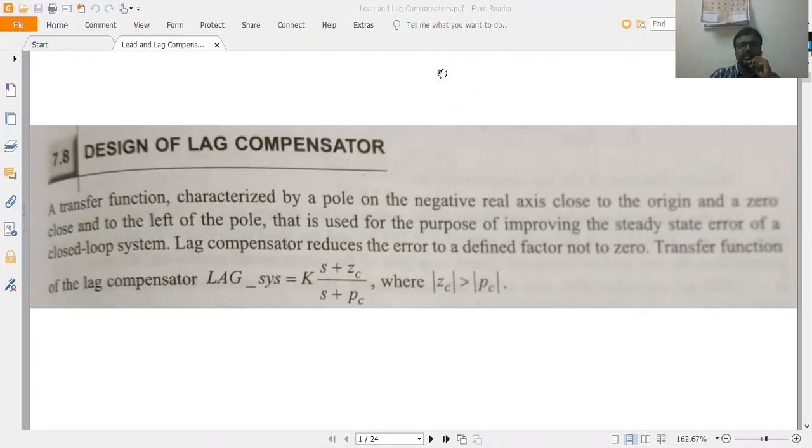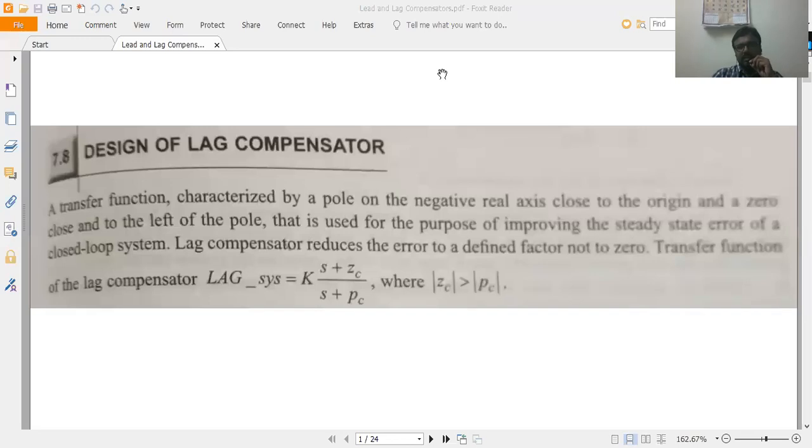Coming to the definition part, the transfer function which is characterized by the pole on the negative real axis close to the origin and zero close to the left of the pole, and that is used for the purpose of improving the steady state error of the closed loop system.